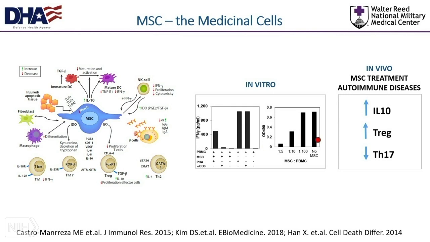And there's a dose response to see that effect. And in vivo, from the studies on autoimmune diseases, the pattern is emerging that there's increased IL-10, increased T regulatory cells, and decreased Th17 cells in treated populations who respond well.